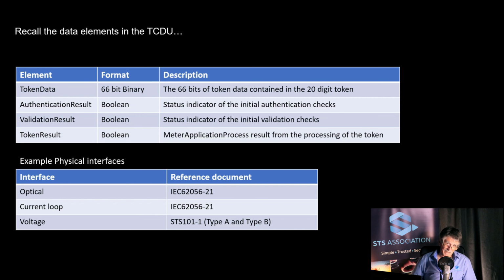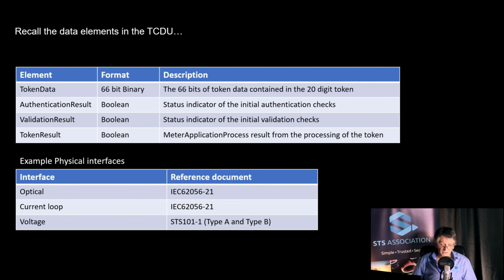If we recall the data elements in the TCDU, we had the token data, which is the 66 bits of token data contained in the 20-digit token. You had authentication result, validation result, and token result, which are all Boolean values. These are status indicators of the initial authentication checks, validation checks, and the meter application process result from the processing of the token.